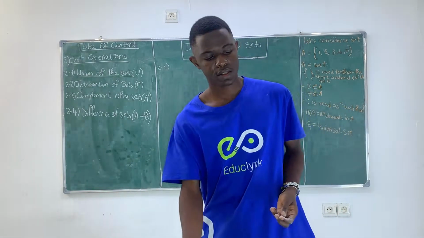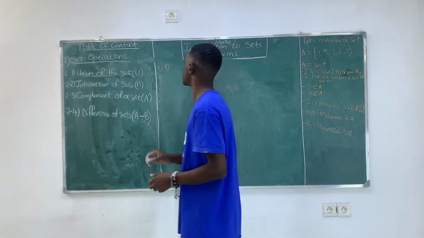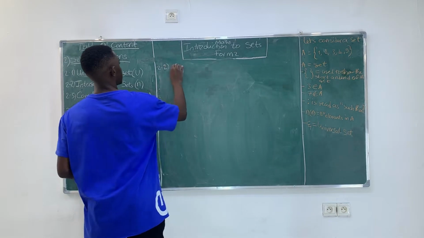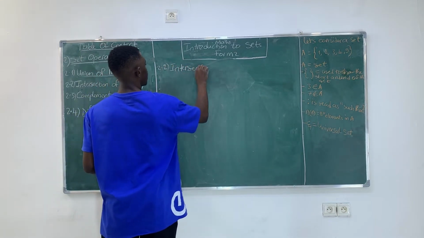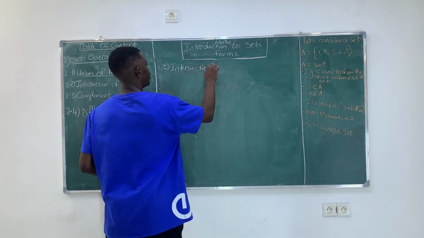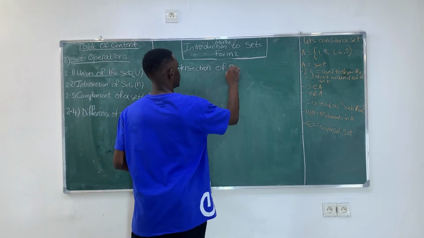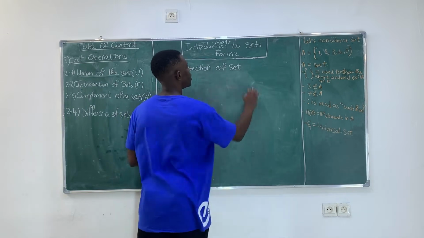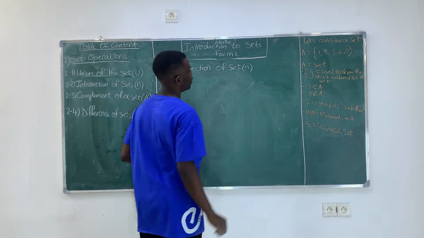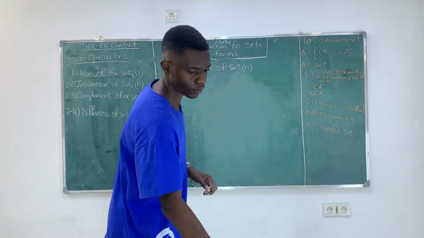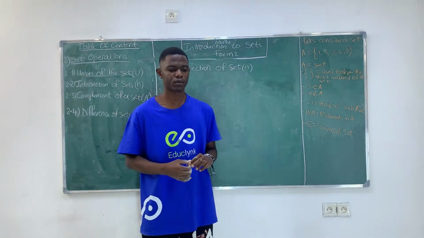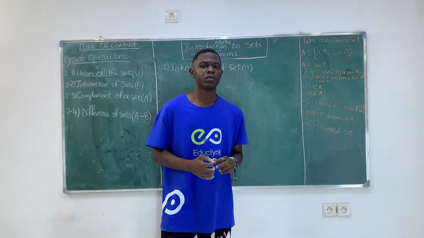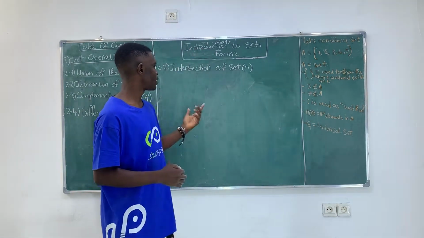So the next one is the intersection of sets. So what is the intersection?